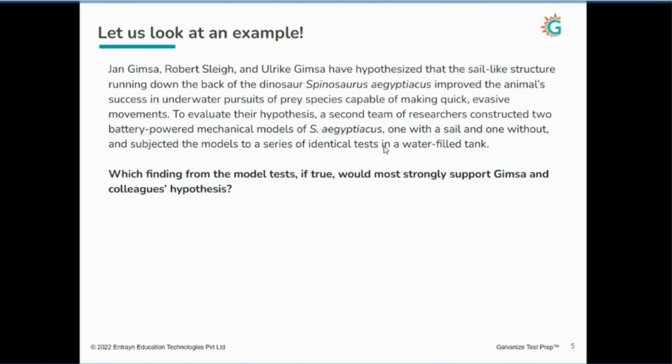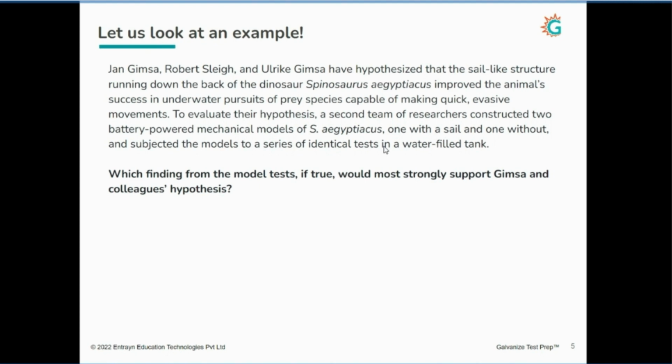Jimsa, Slay, and Gimsa have hypothesized that the sail-like structure running down the back of the dinosaur Spinosaurus aegyptiacus improved the animal's success in underwater pursuits of prey species capable of making quick, evasive movements.